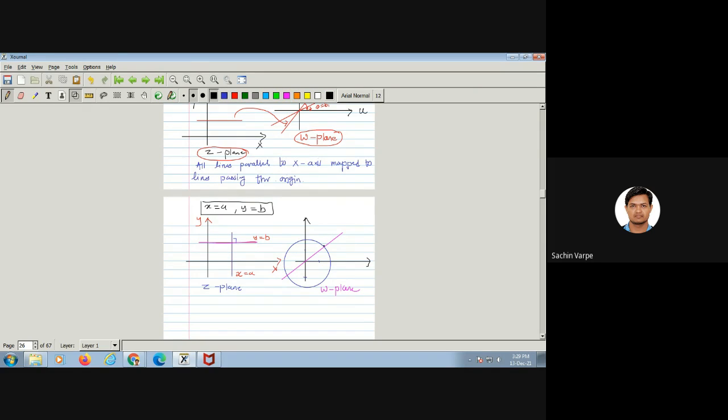If you draw a tangent to the circle at this point and the line is a tangent to itself, are they orthogonal to each other? Are they orthogonal? So the angle is getting preserved. That is why w equal to e to the power z is called a conformal mapping, because the angle is preserved.